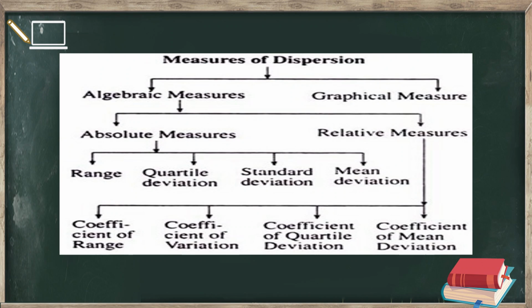And there are four types of relative measures also: coefficient of range, coefficient of variation, coefficient of quartile deviation, and coefficient of mean deviation. In the coming video we are going to learn about the calculation of these absolute and relative measures in detail.